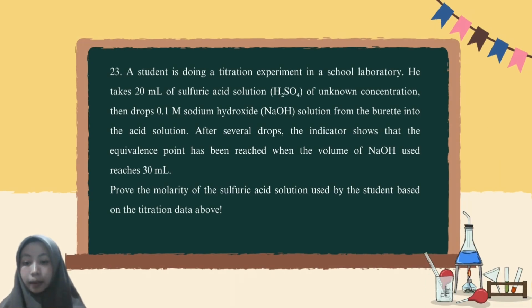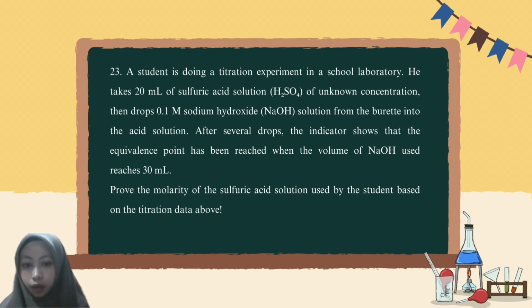Next, question number 23. A student is doing a titration experiment in a school laboratory. He takes 20 ml of sulfuric acid solution, or H2SO4, of unknown concentration. He drops 0.1 mol sodium hydroxide, or NaOH, solution from the burette into the acid solution.